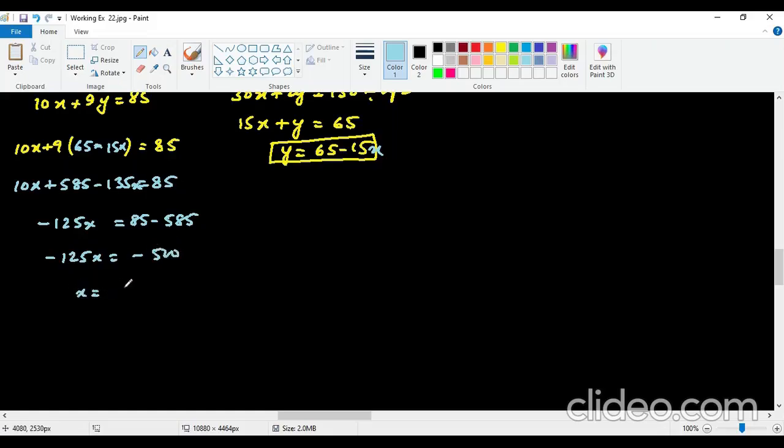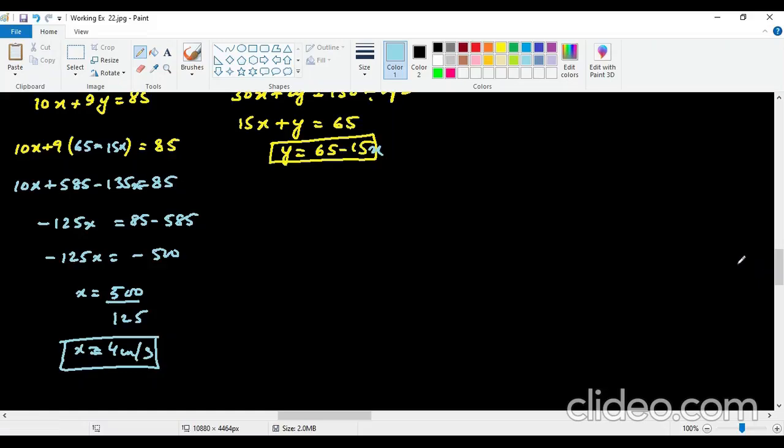Minus signs are cancelled, so 500 divided by 125 is going to give us 4 meters per second.